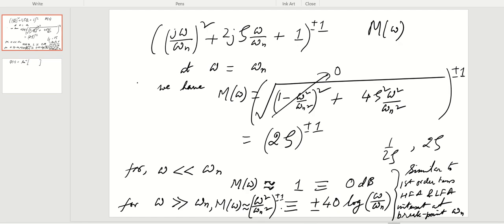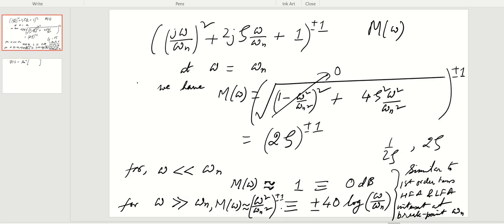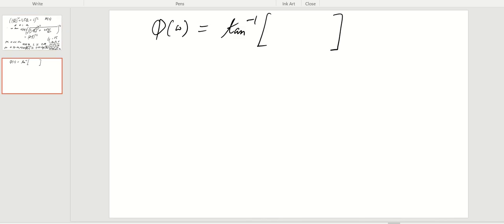The real part is 1 minus omega square by omega n square, and the imaginary part is 2 zeta omega by omega n.